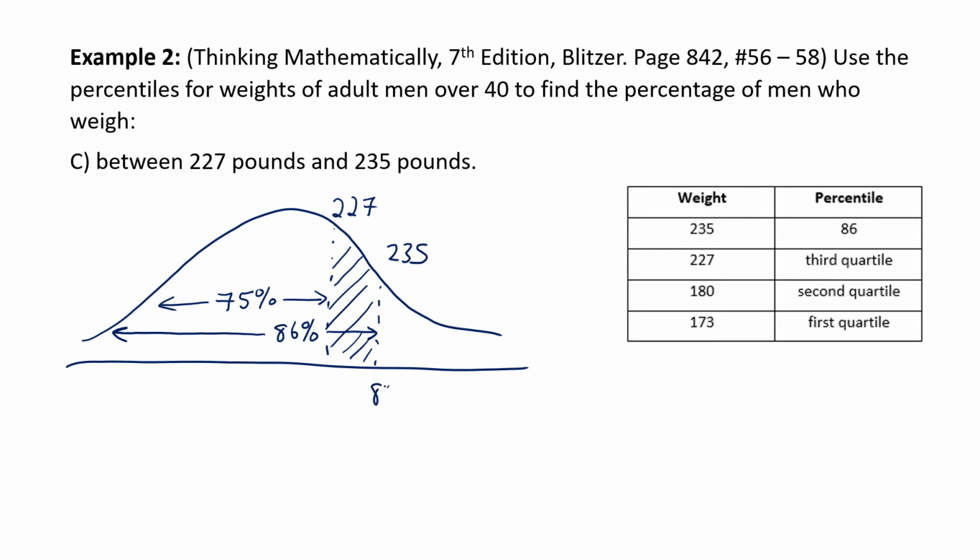That would be 86%, which corresponds to the 235 pounds, and 75%, which corresponds to the 227 pounds, the difference of which is 11%. So about 11% of adult men over the age of 40 weigh somewhere between 227 and 235 pounds.